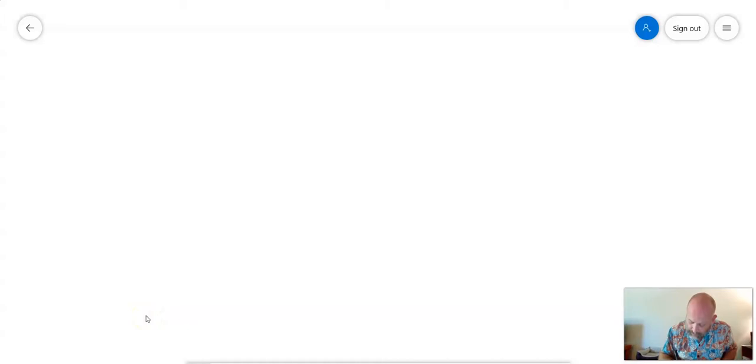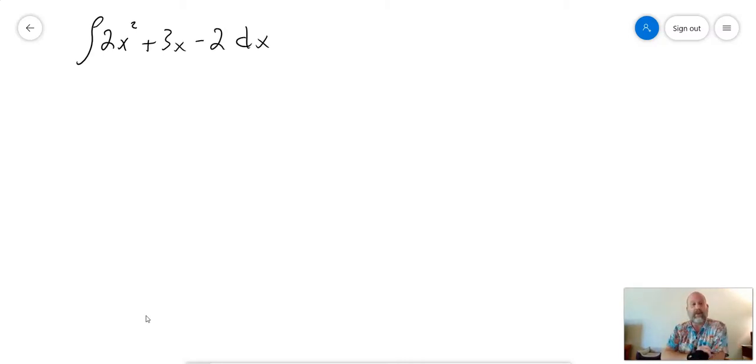So let's go ahead and start with, let's say I want the indefinite integral of 2x squared plus 3x minus 2 dx. Okay, so what's really nice about this, and it is very similar to when we find derivatives, we can use those linear properties of the integral and actually split this up into three integrals and pull the constants through each one of them.